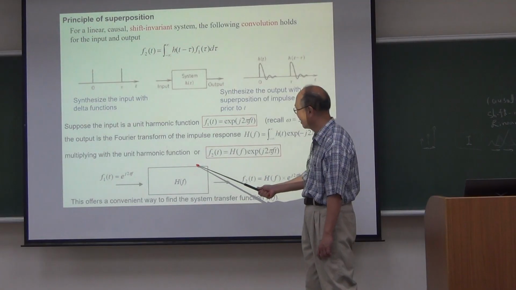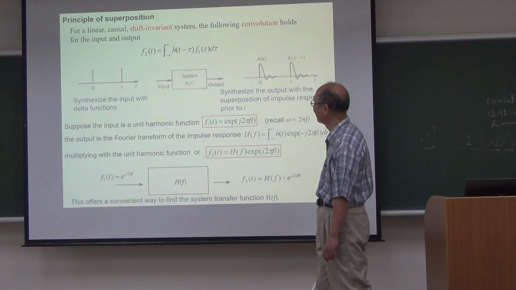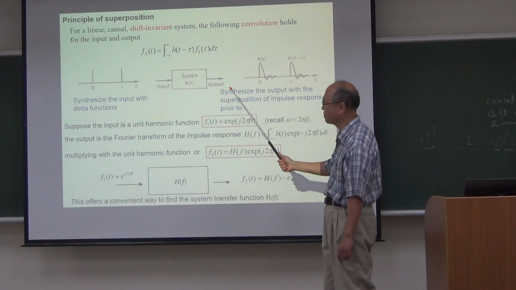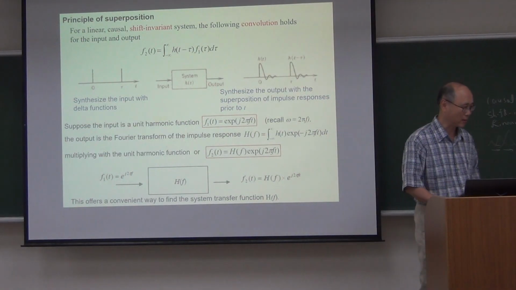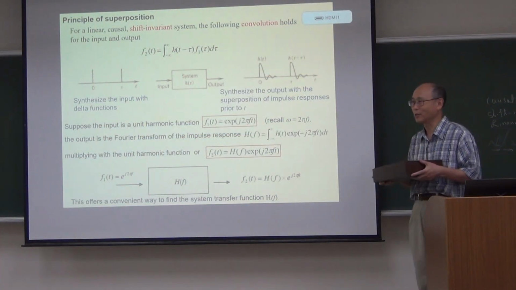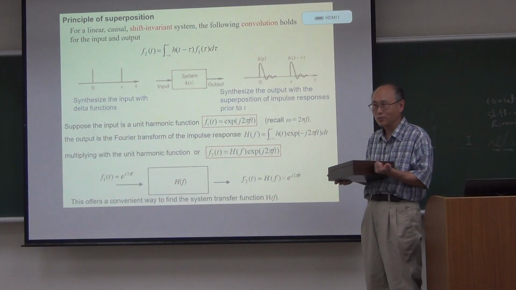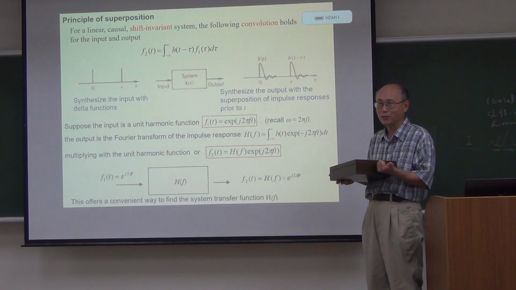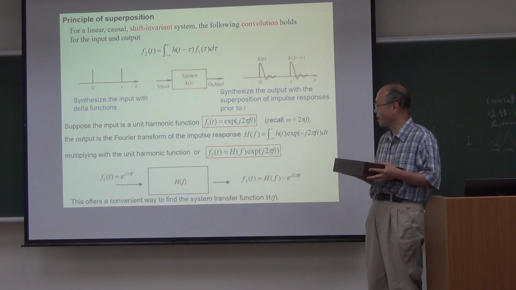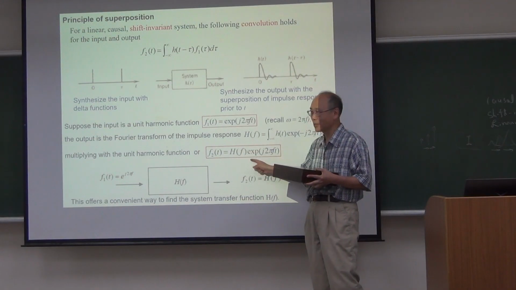So if I want to know this, the easiest way is this: when you have a system, for example, some sort of instrument that I don't quite understand, but I want to know its transfer function. How do I find it? I just connect it to a sinusoidal function from a function generator, and then I measure the output. When I measure the output, I can construct this.